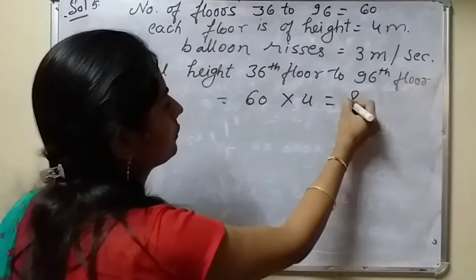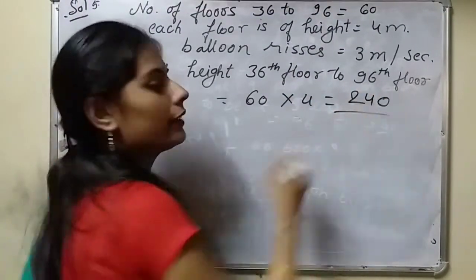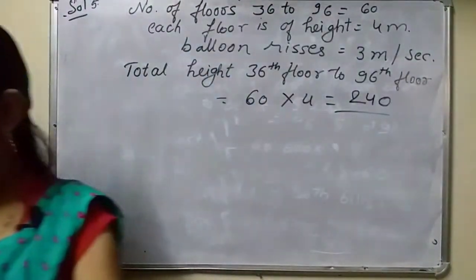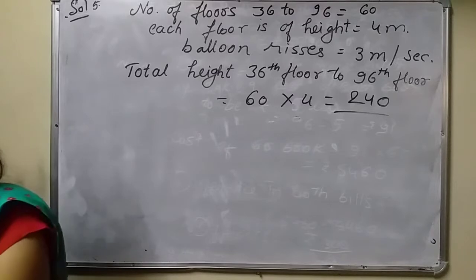It means 240 meters is the total height. Okay, that is the distance.